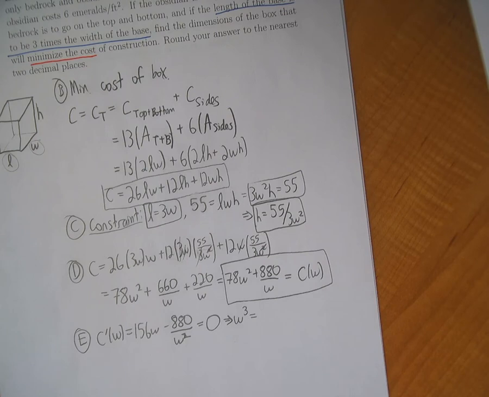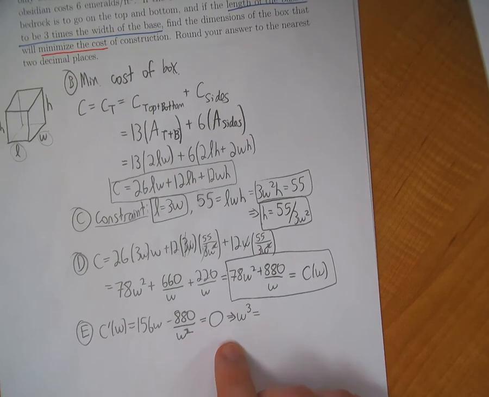They're setting 156w minus 880 over w squared equal to w cubed. No. I'm saying this equal to 0 and then saying solve for w cubed.